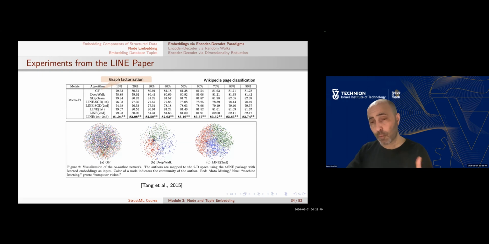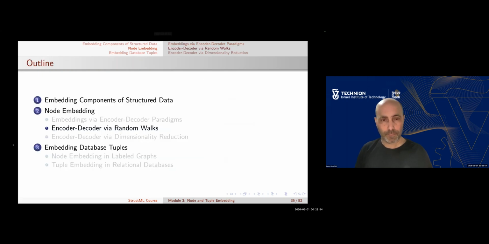So that's their way of providing evidence that these embeddings behave well semantically. So these are ways of showing that the embeddings are useful. Next, we're going to see other techniques to basically instantiate the encoder-decoder diagrams.